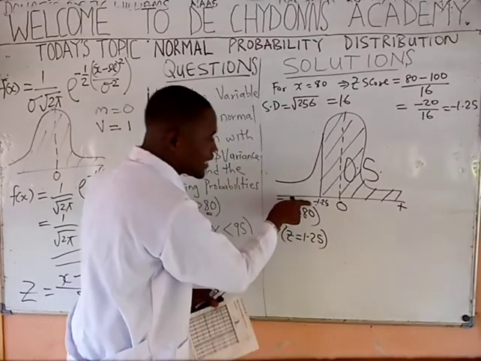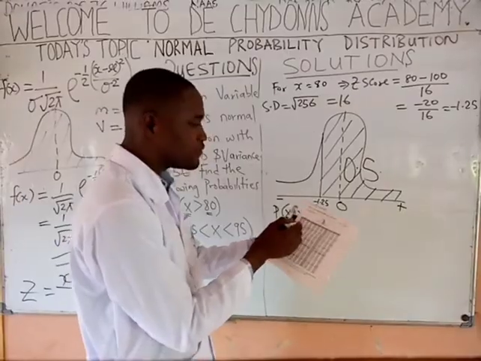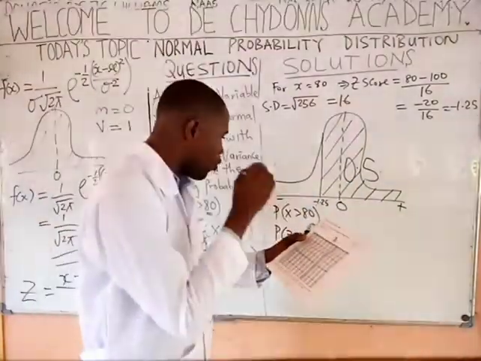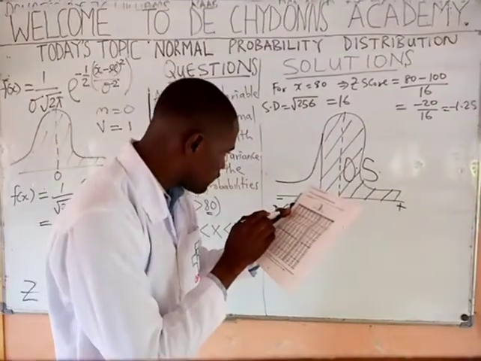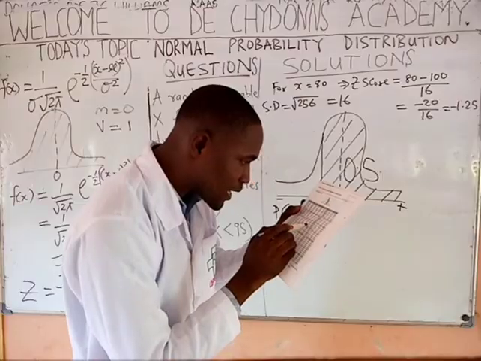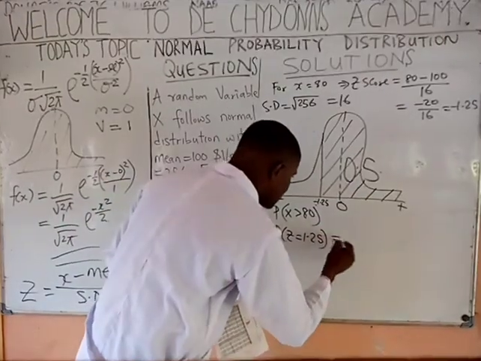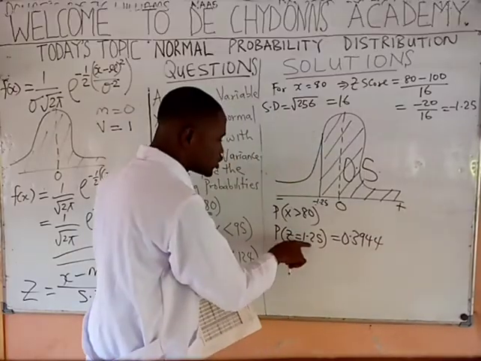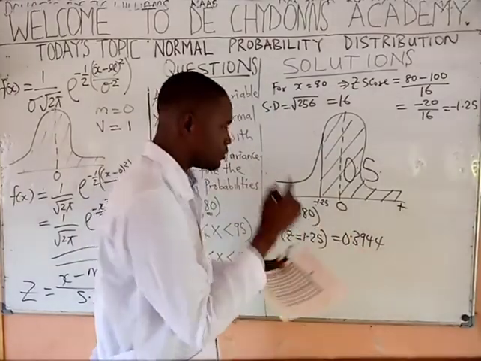While checking it, neglect the negative because you will not see negative in your normal distribution table. Now, you look for 1.25. It will give you 0.3944. I will write 0.3944. That is 1.2 under 5 in that normal table.